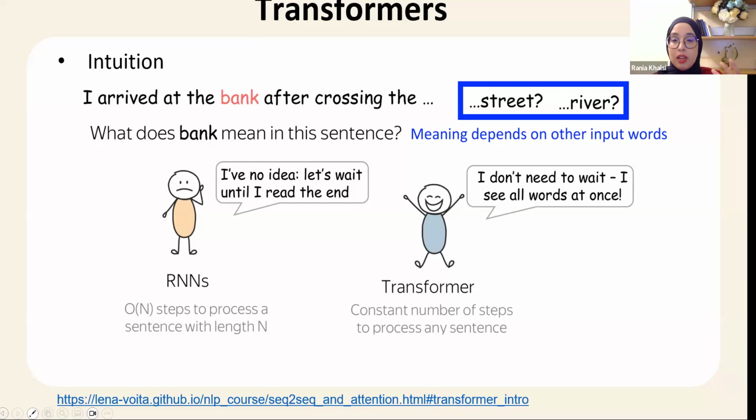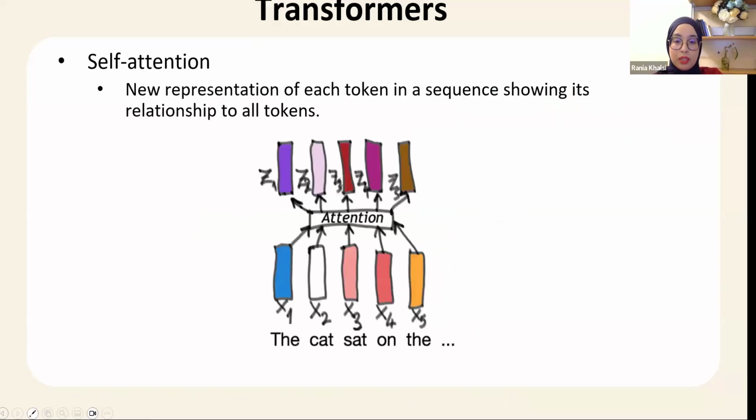It can infer the meaning directly because it can see all the words simultaneously. It evaluates every token in parallel and uses self-attention to establish relationships instantly. This is the key distinction: transformers access the entire sequence at once, while RNNs rely on sequential processing.